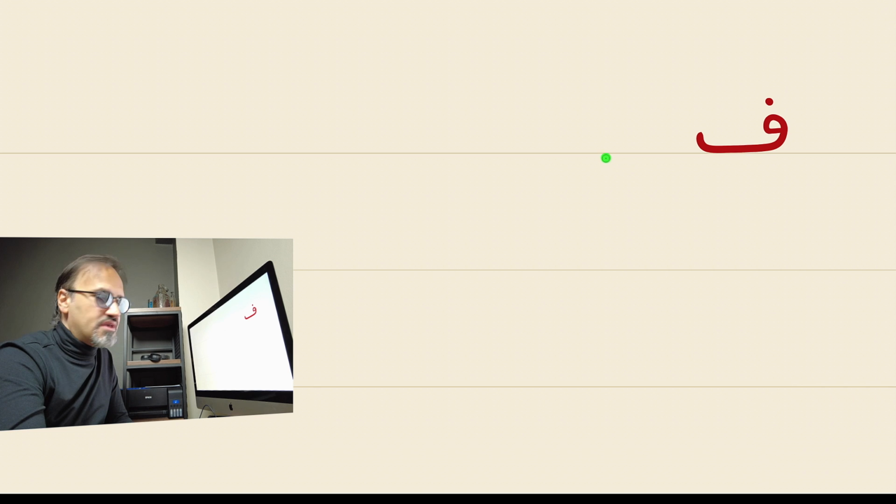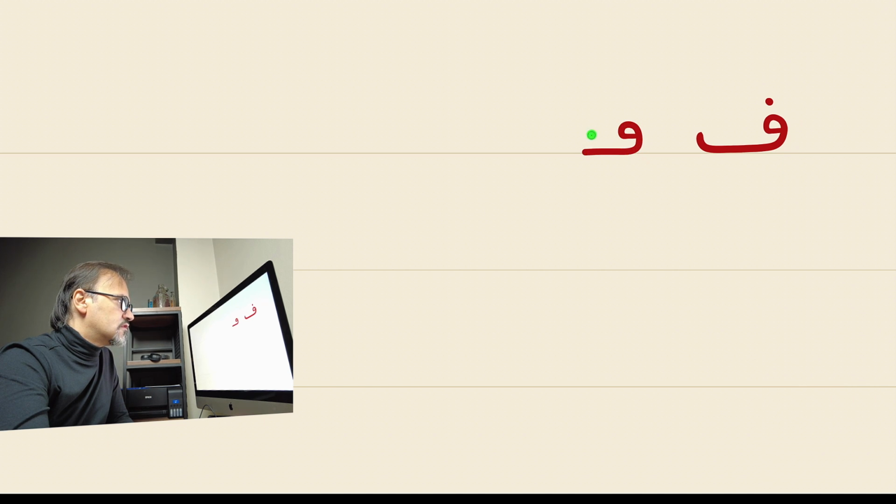The important part of this letter is this. So when you start a word with it, it's going to start like this, waiting to be connected to other letters. In the middle, it comes like this. Just a little loop. And you continue. And at the end, it comes like this.